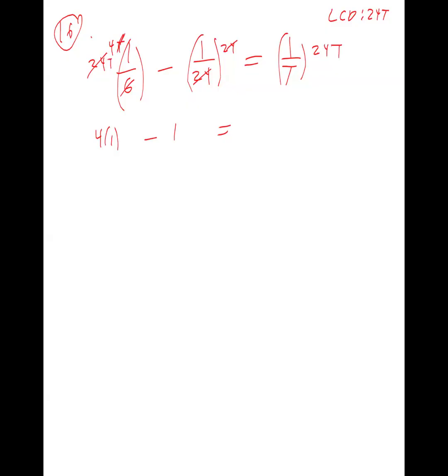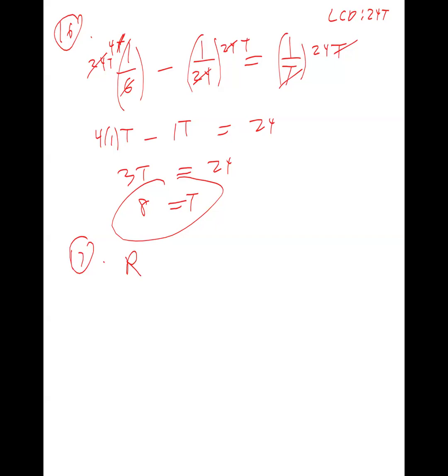So it's 4t and then 1t, and then 1 times 24 is 24. So 4 minus 1 is 3t equals 24. So divide by 3 and you get 8 equals t. So 8 hours. Then, last but not least, 17 says radiation is equal to inverse variation of the distance squared.